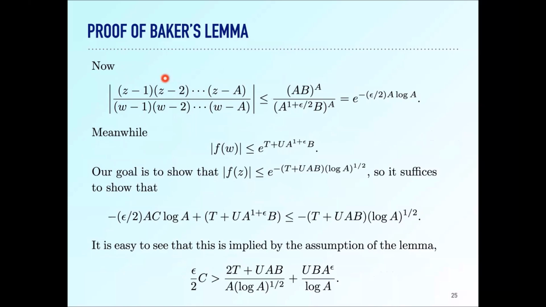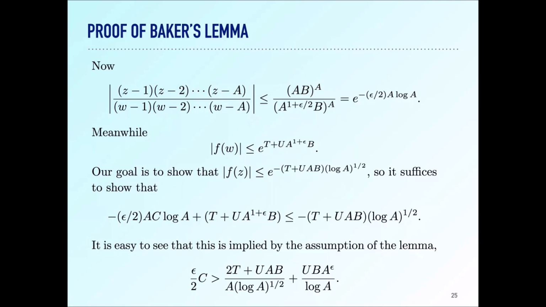That would allow us to bound this term. If you're careful, you can bound the absolute value of this. The biggest this could be is AB to the A. Each term is bounded in absolute value by AB. And the smallest this could be, you can see that it's bounded by this. And so you get an upper bound on what this ratio can be.